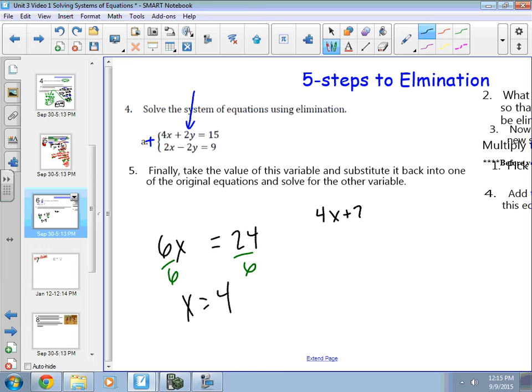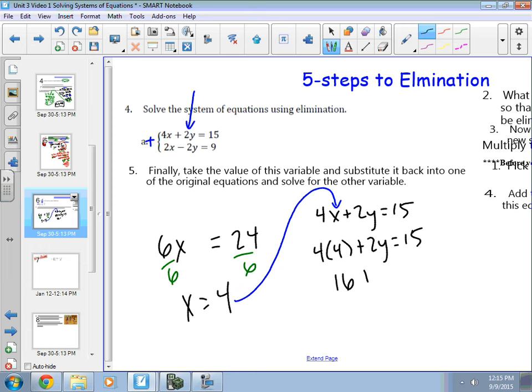4x plus 2y equals 15. Take 4, make sure you substitute 4 for x because that's what x equals, and solve for y. So 4 times 4 is 16. We want to subtract 16 from both sides, that'd be negative 1, divide by 2.